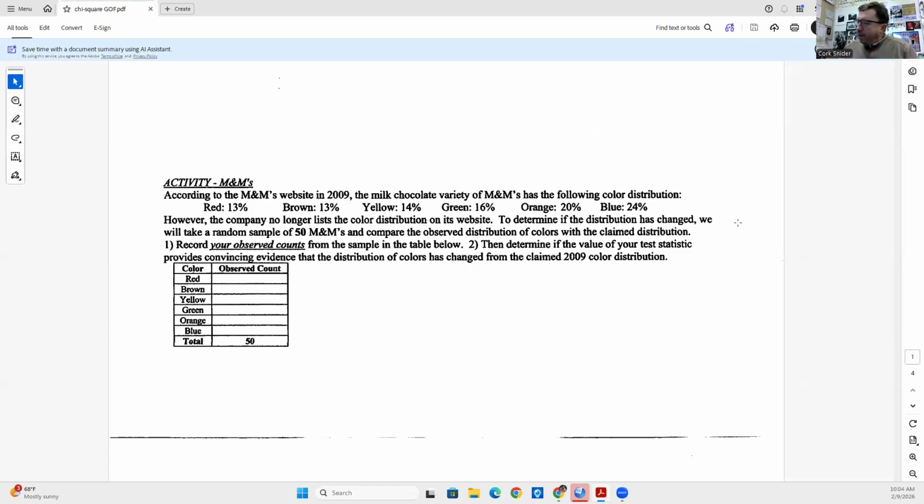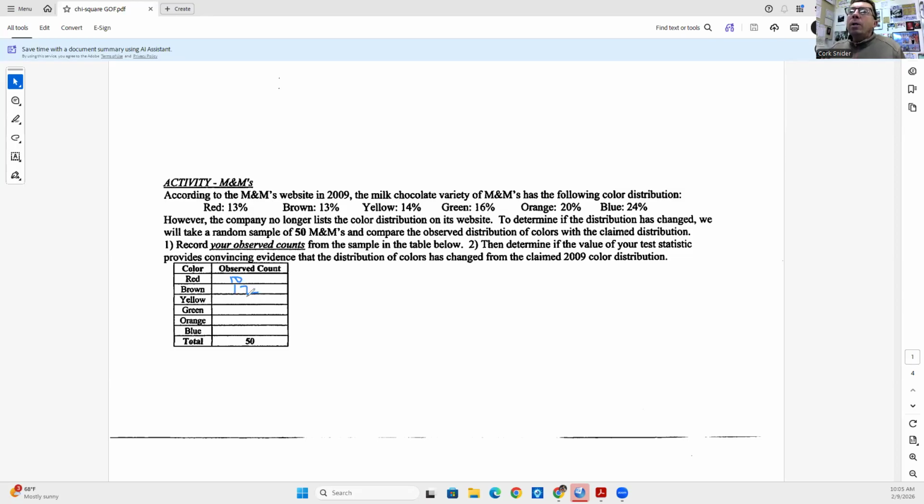I got to make 50 out of these. So let's say red was 10. And let's say brown was 12. And there's a total of 50.